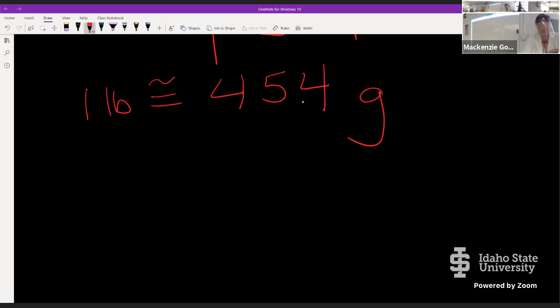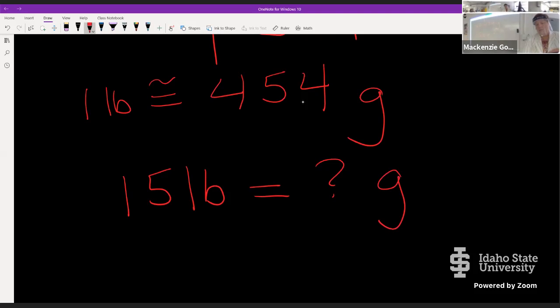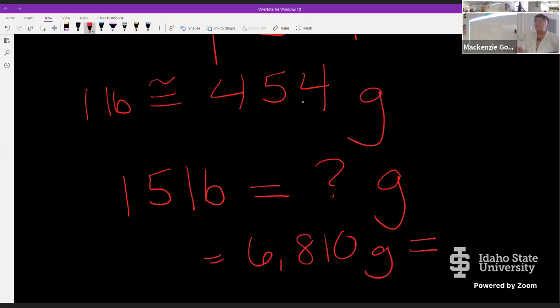So if I have 15 pounds of something, how many grams do I have? 6,810 grams. Now, because this is SI, and every 1,000 grams is 1 kilogram, how would I write this in kilograms?